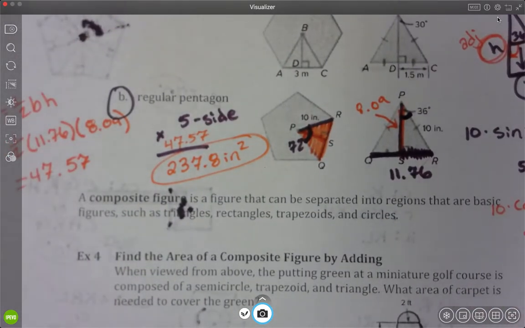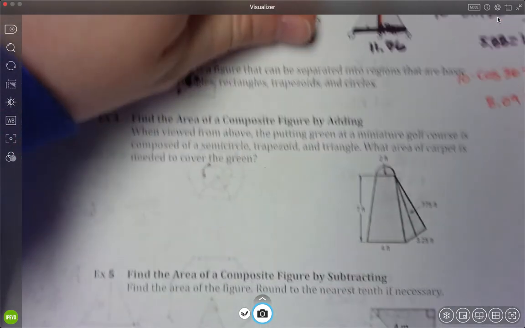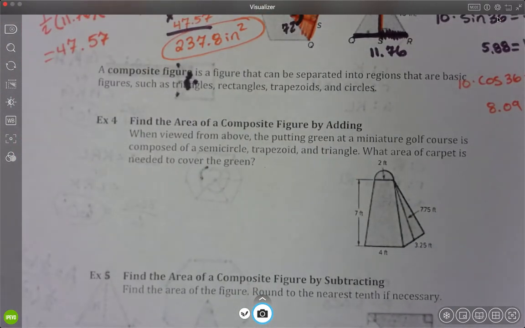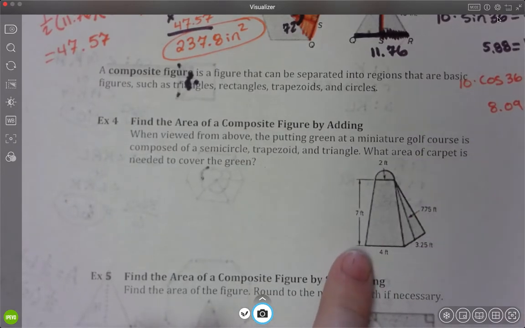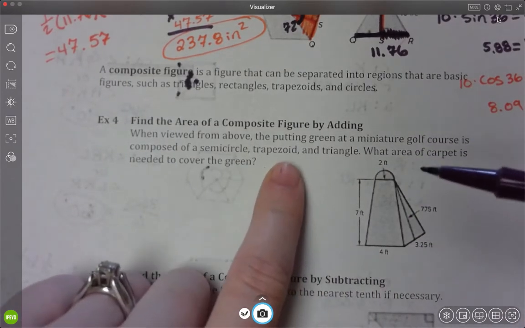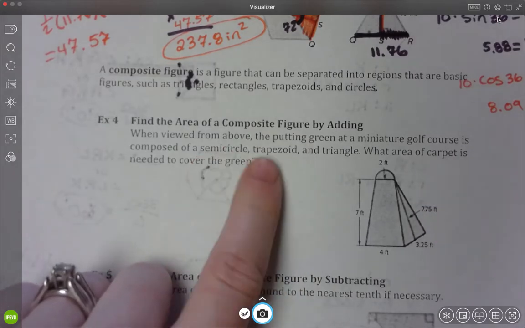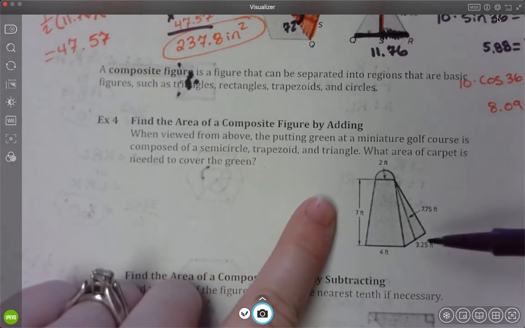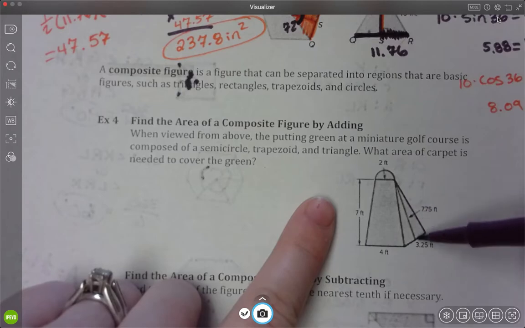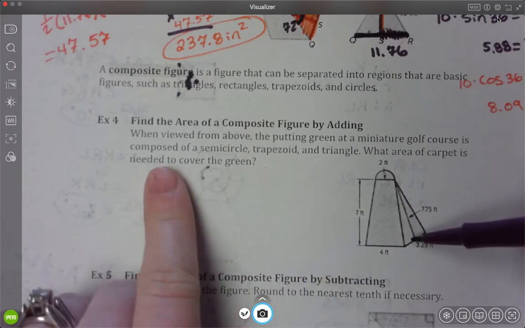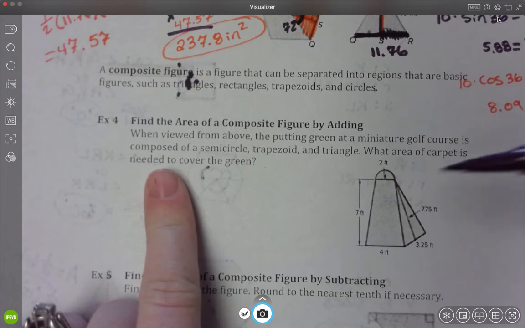All right, last thing is composite figures. Composite figures are figures where a bunch of shapes are stuck together. So they have this figure right here, and they want us to find the area of a putting green at a miniature golf course. They must have a sidewall here that's covered in this carpet stuff. This bottom is a trapezoid, and then there's a 2 across the top there.